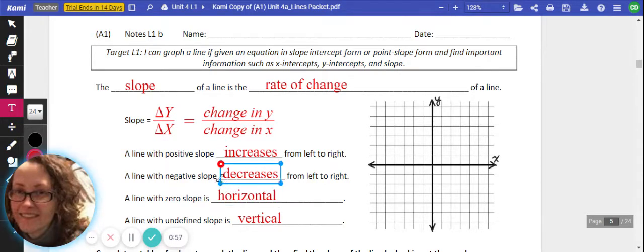If I have a line with a negative slope, I'm going to start at the top and go down, so start at the left side and work my way down. If a line has a zero slope, that is going to be a horizontal line, and a line with an undefined slope is vertical.